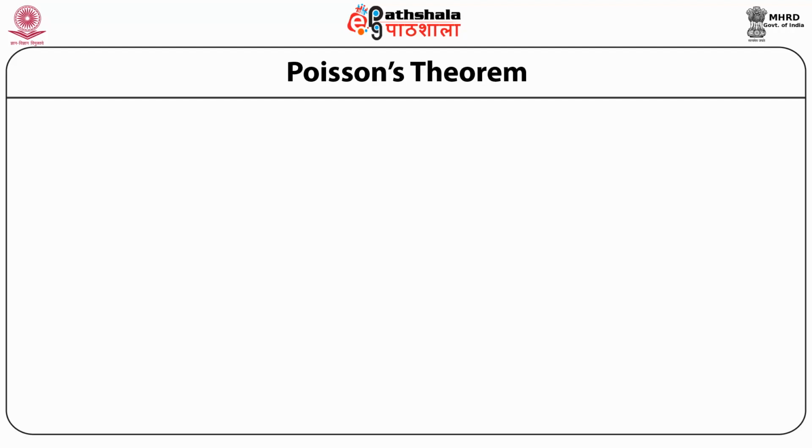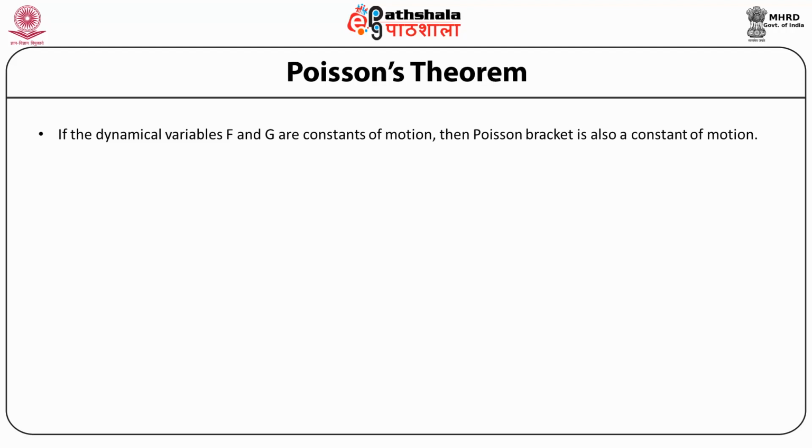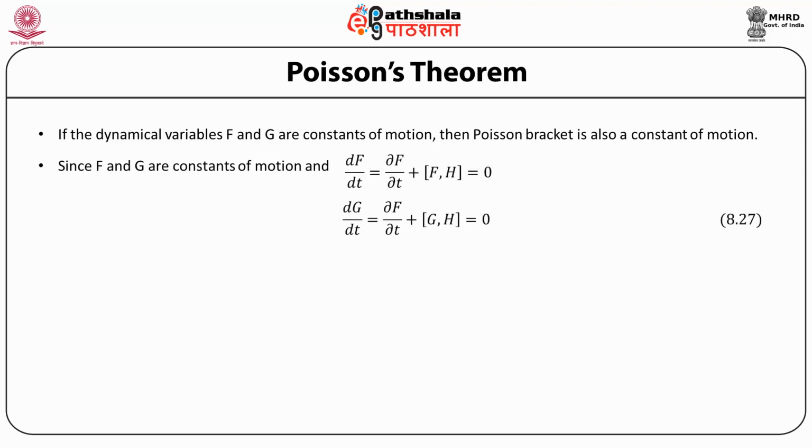We will now state what is known as the Poisson theorem. If the dynamical variables f and g are constants of motion, then what does that mean? That means the Poisson bracket is also a constant of motion. Since f and g are constants of motion, the time derivative of the variable f is given by the Poisson bracket of f with H, plus a term: if f depends on the time explicitly, then plus the partial derivative of f with respect to t.